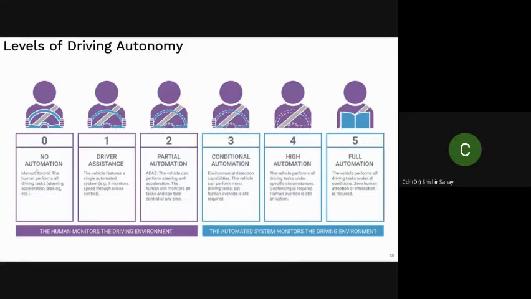Level 1 is when you can do a single automated function, either left or right or forward and back. We call it longitudinal motion or lateral motion. Lateral is left, right. Longitudinal is braking, accelerating, or reversing. Level 2 is wherein you can do both lateral as well as longitudinal.